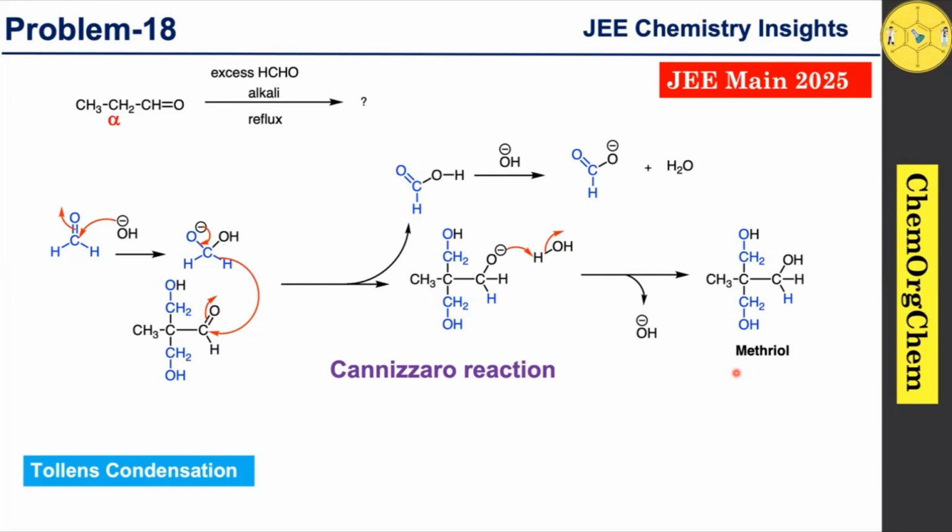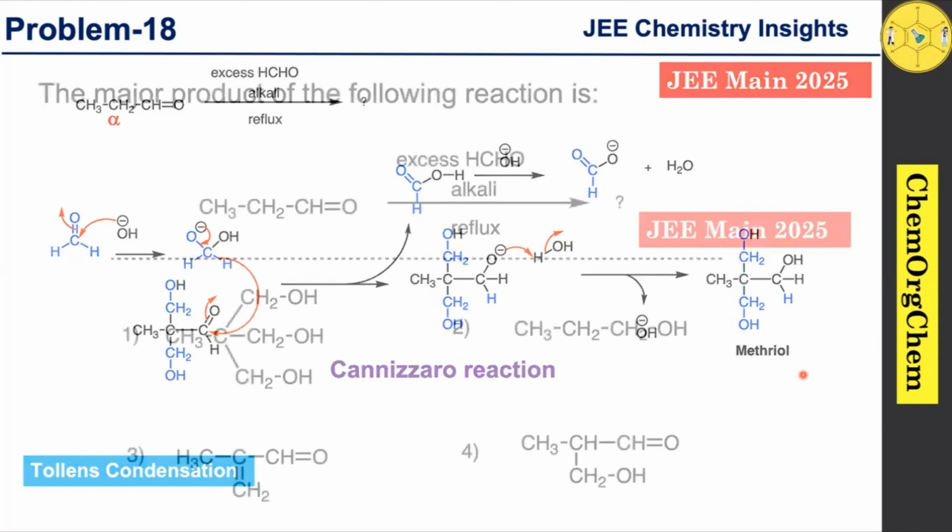As per the Tollens condensation reaction, propanaldehyde reacts with excess formaldehyde in the presence of base under reflux conditions, which produces methanol as the final product of this reaction. You should not confuse it with Tollens reagent, since Tollens reagent and Tollens condensation reaction are two different concepts. So let's move to our question.